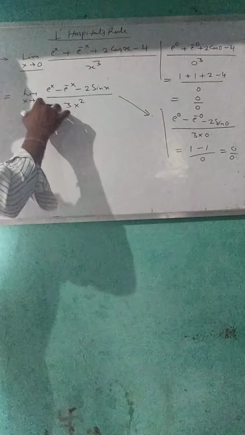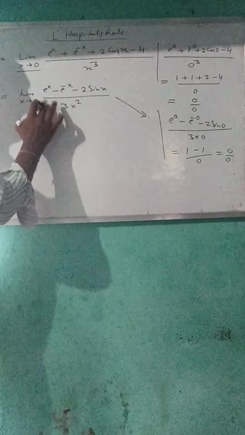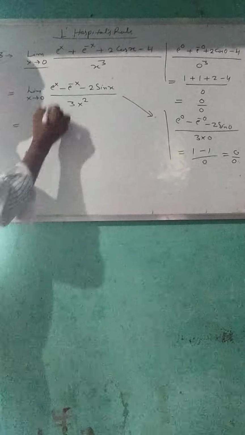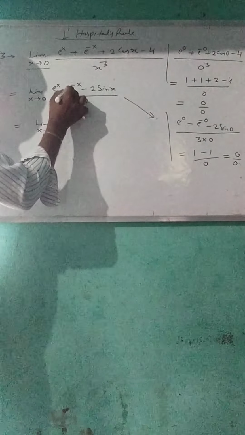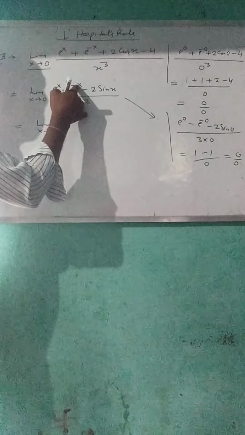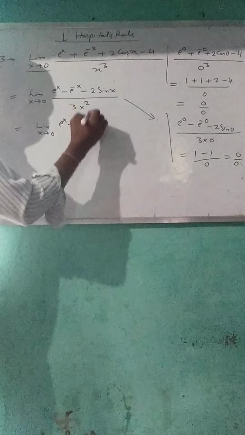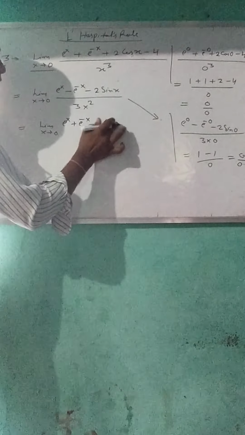Again we can apply the L'Hopital rule for this new function. Then it is equal to the limit as x tends to 0. Differentiation of the numerator: e to the power x, then the differentiation of minus e to the power minus x is plus e to the power minus x. Differentiation of minus 2 sine x is minus 2 cos x.